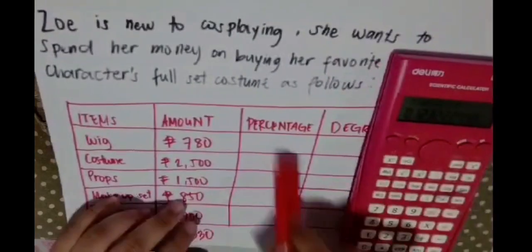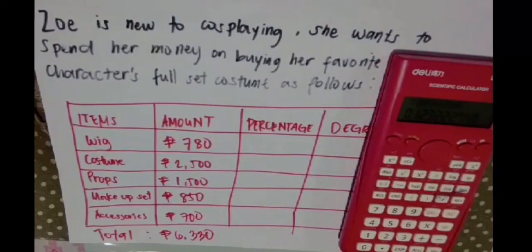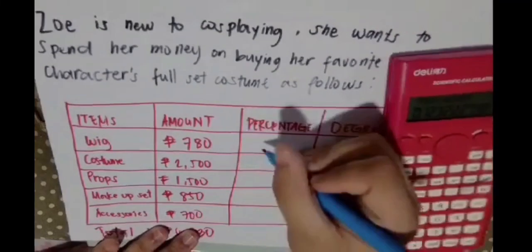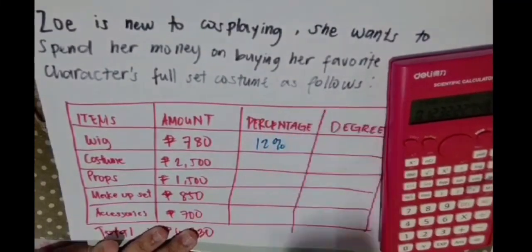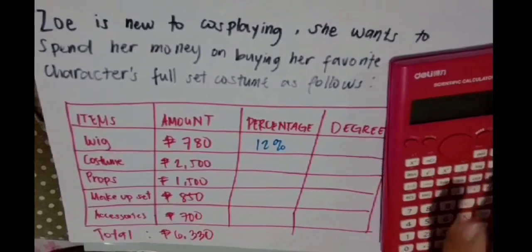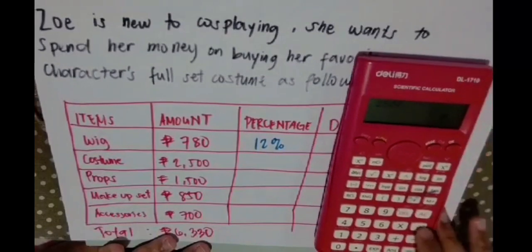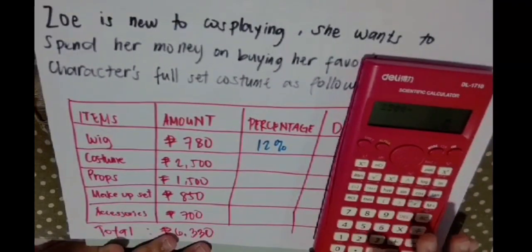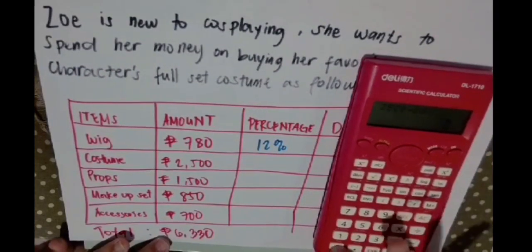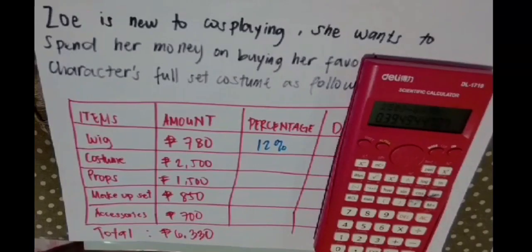So we're going to write here on the percentage. Let me get a marker. So in the percentage, that would be 12%. Next, the costume, 2,500 divided by the total 6,330, that would be 39%.